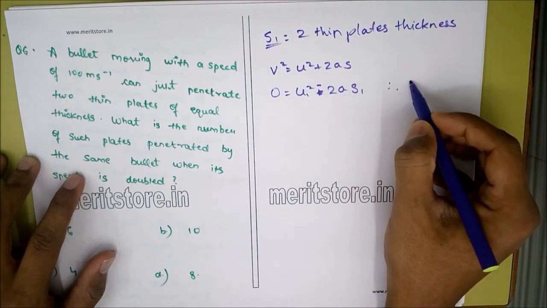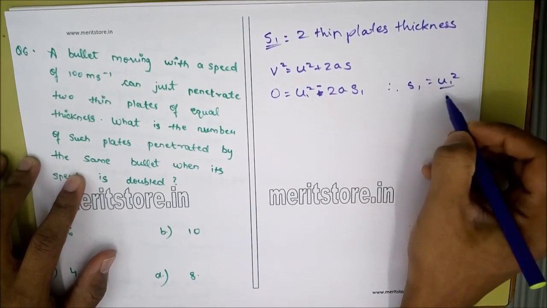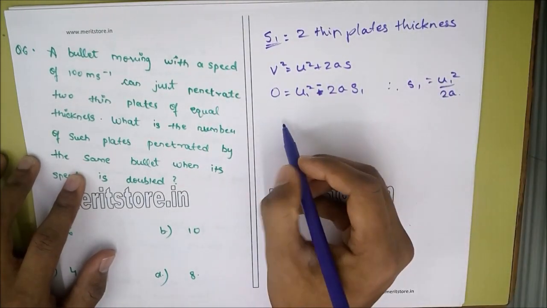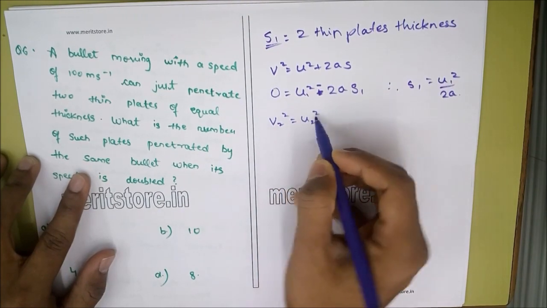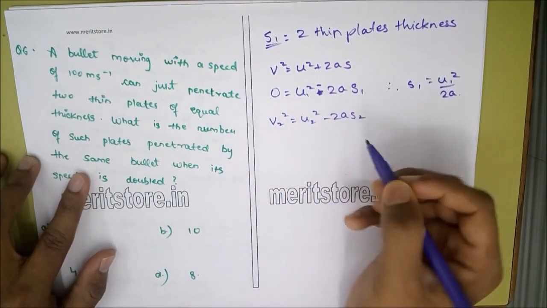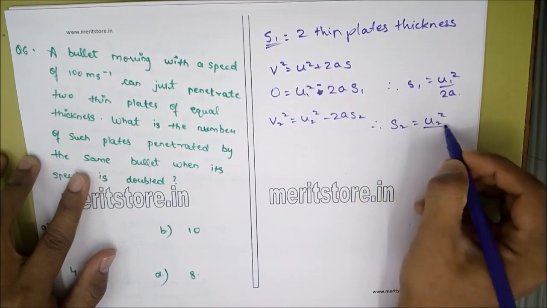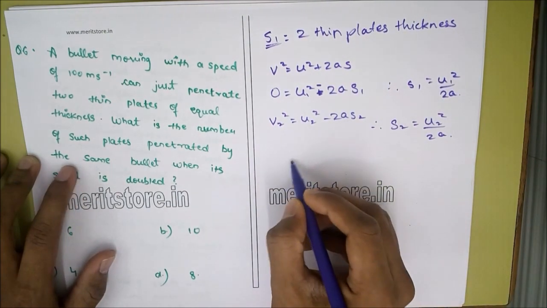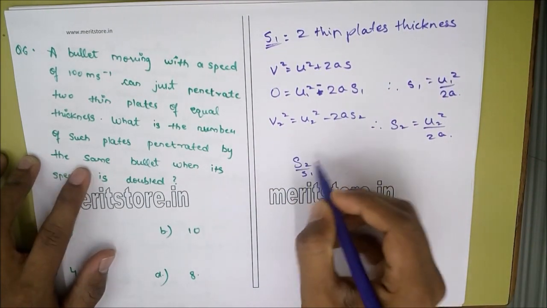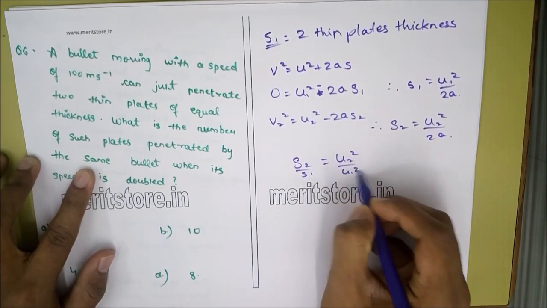Therefore, S1 would be u1 square upon 2a. Similarly, for the second case, v2 square is equal to u2 square minus 2as2. Therefore, s2 can be written as u2 square upon 2a again. So S2 by S1 is given as u2 square by u1 square.